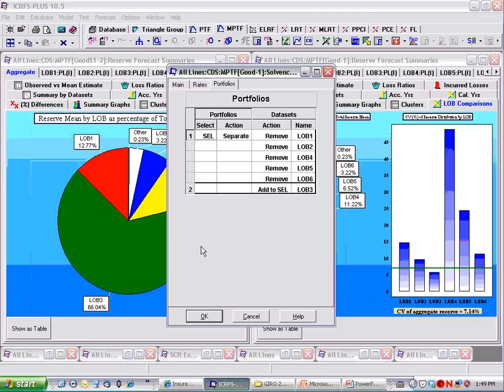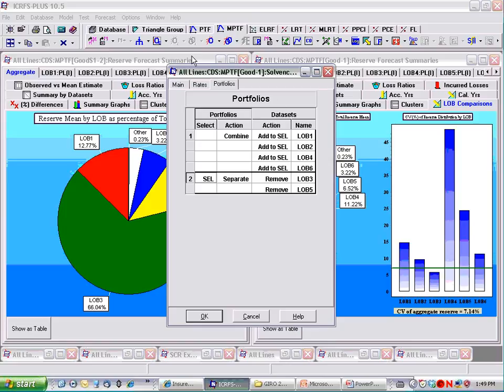Oops, I clicked on the wrong one. Add to selection. So let's put that there, and now let's add LOB5 to LOB3. Now I've got two portfolios, LOB3 and LOB5. They are fungible with each other, but not fungible with the other portfolio that I've labeled 1. So I can set up separate portfolios.